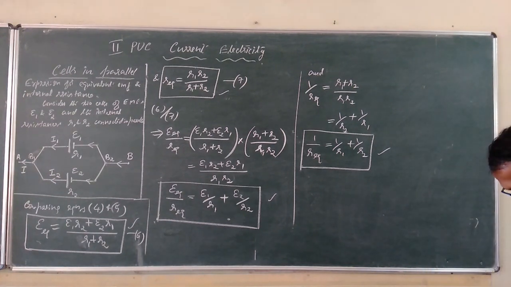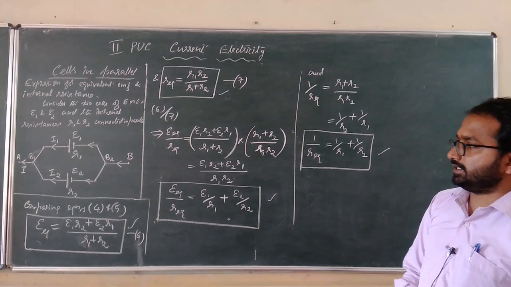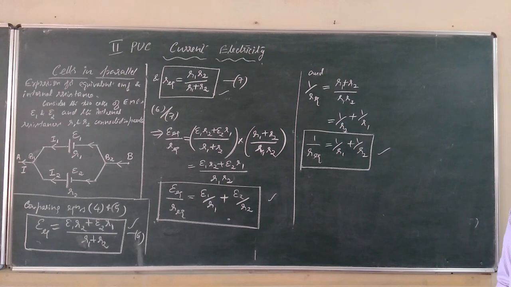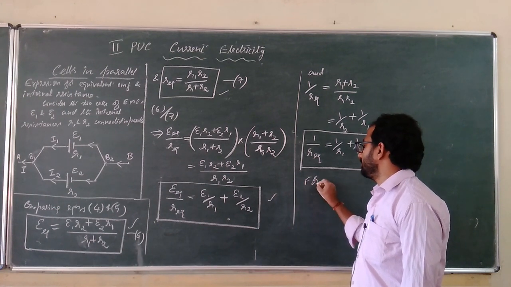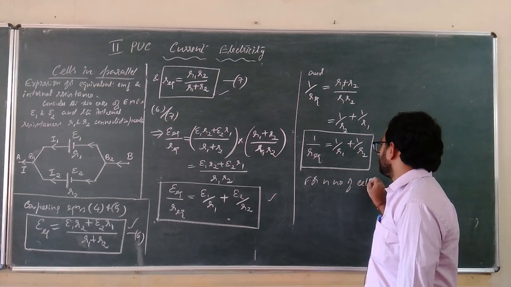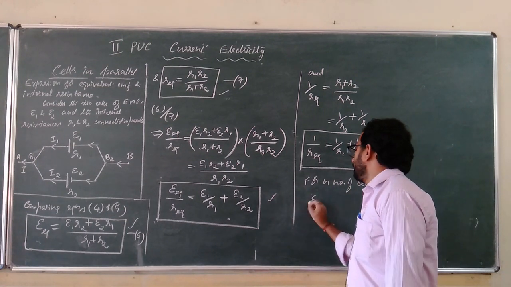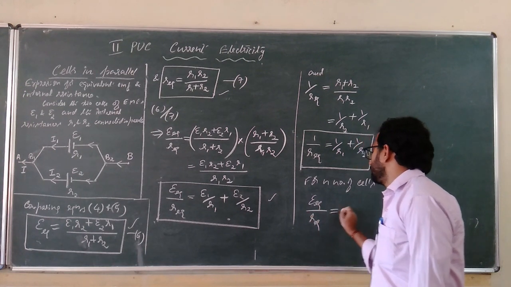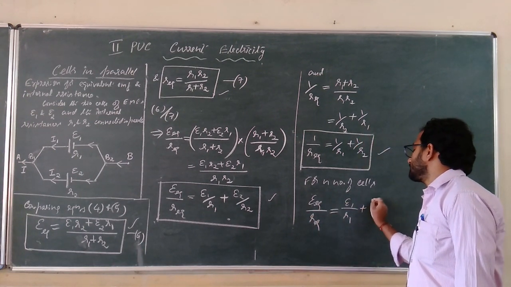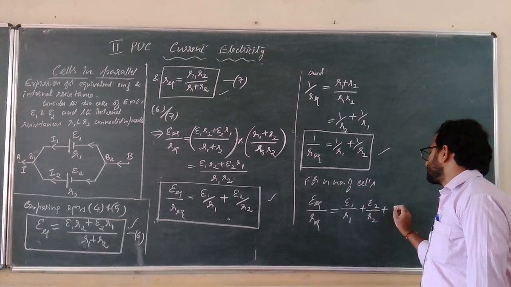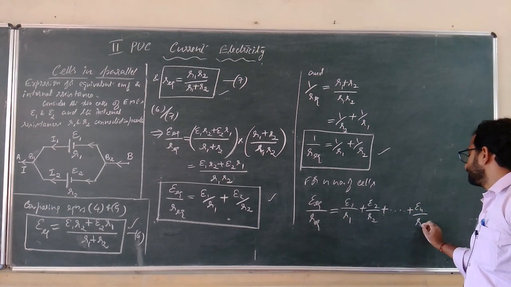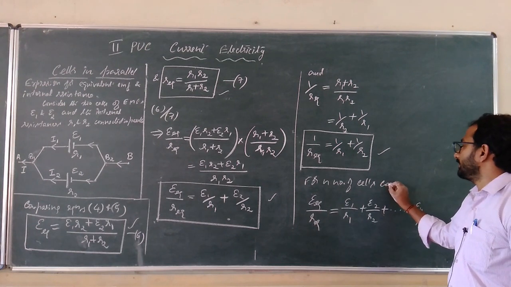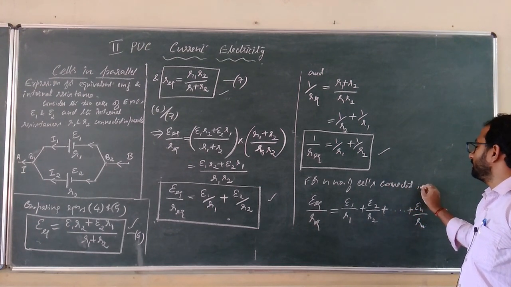If there are n number of cells which are connected in parallel, now E equivalent by R equivalent is equal to E1 by R1 plus E2 by R2 plus E3 by R3 and so on up to En by Rn.